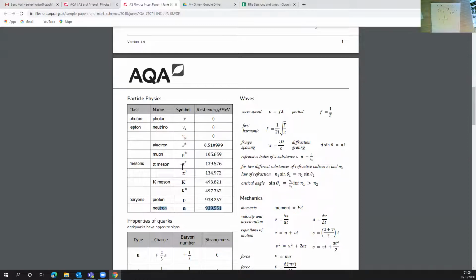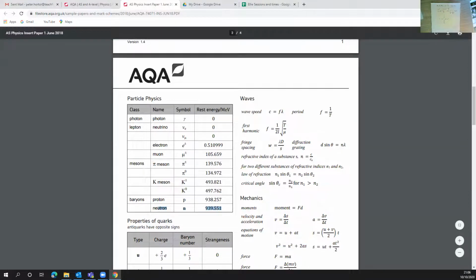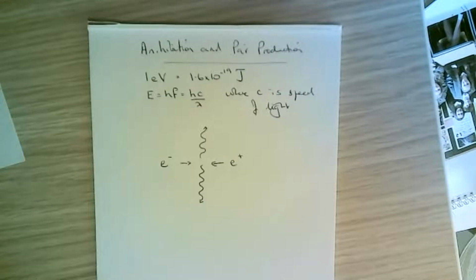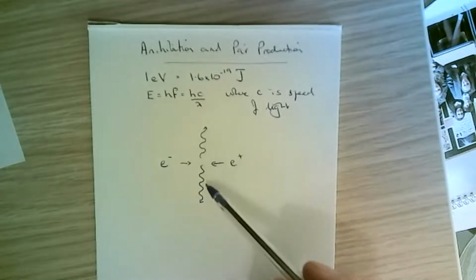That's added to any kinetic energy that the particles had, and all of that energy is divided equally between two photons. So the diagram is often shown like this. We've got two particles coming in, always a real and an anti-version of the same particle, and we've got two photons coming out.